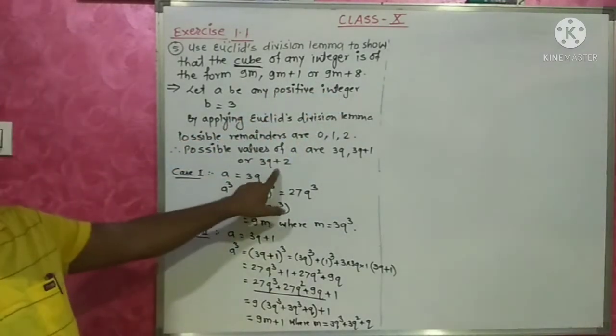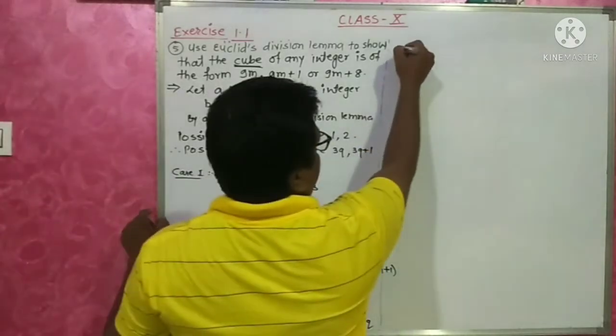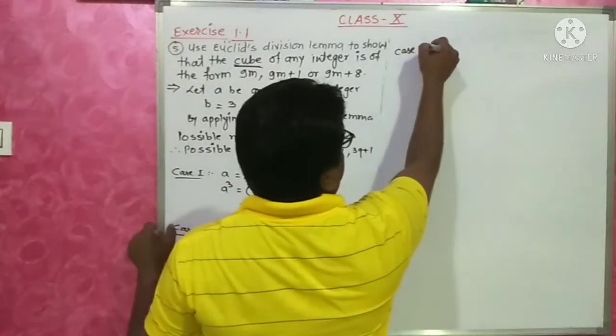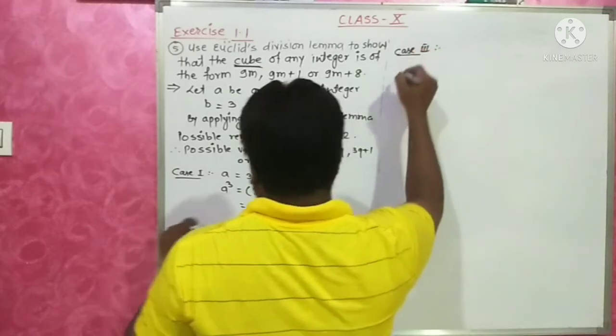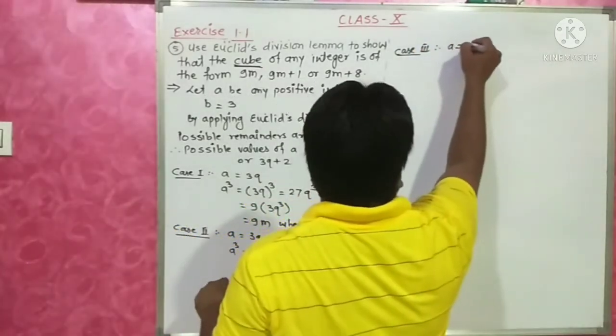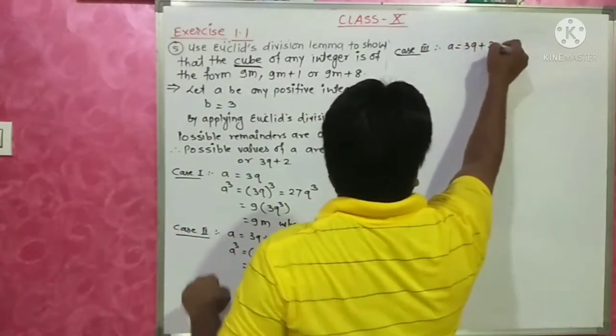So case 3. What is the value of a? a equals 3q plus 2.